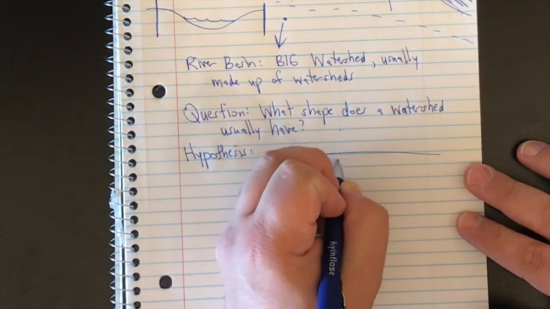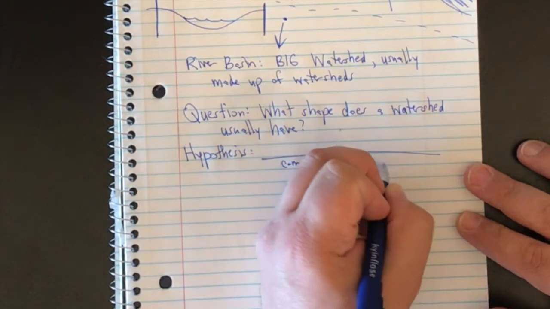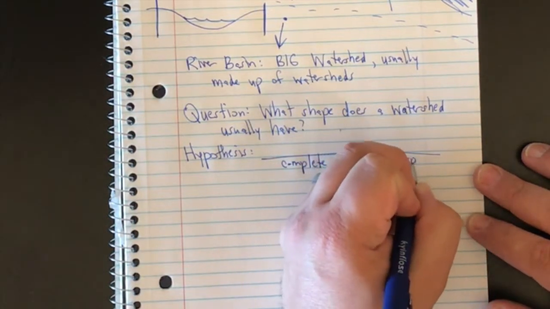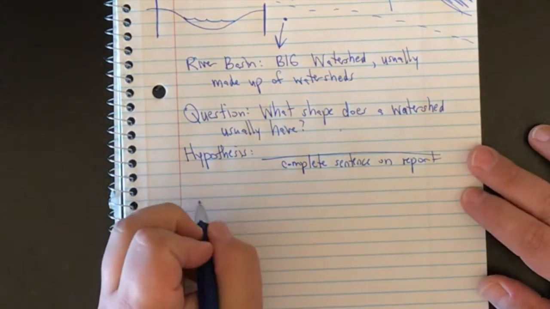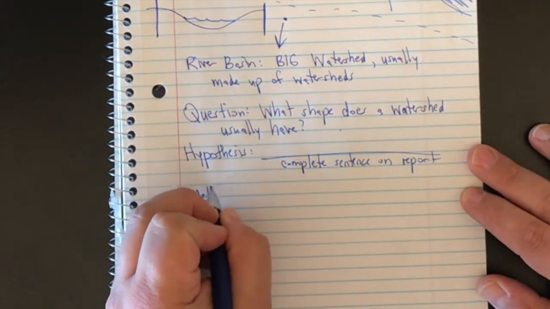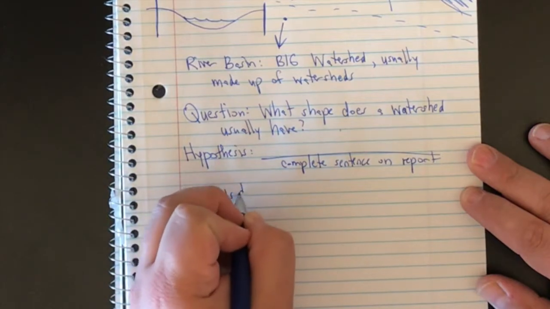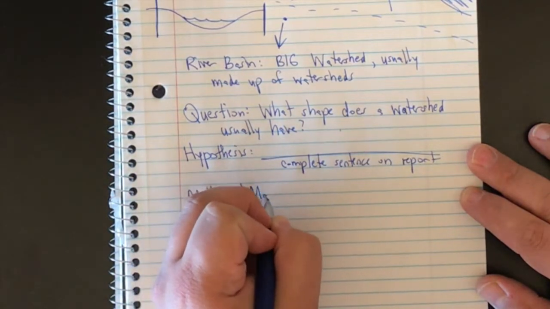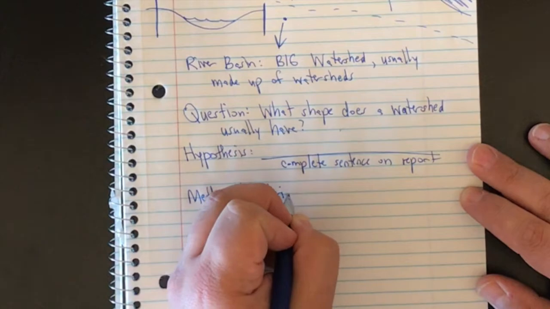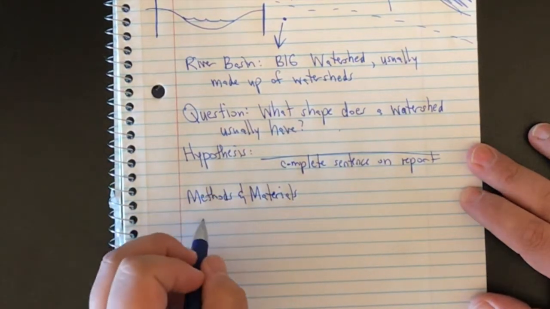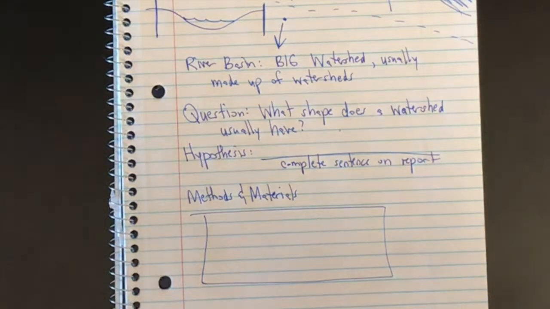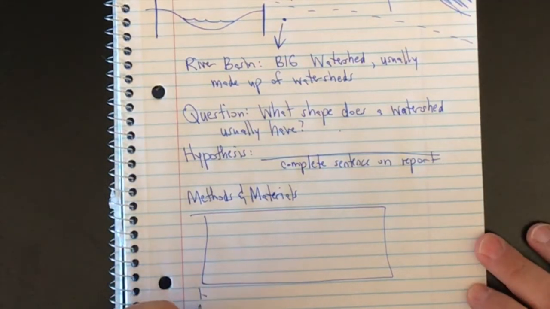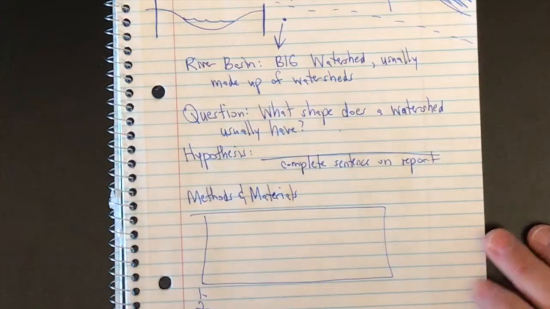So this needs to be a complete sentence on your lab report. Okay? Now, as always, we're going to have our methods and materials next. I recommend a box where you write in all of the materials and then a place to list all of your steps as you do them.